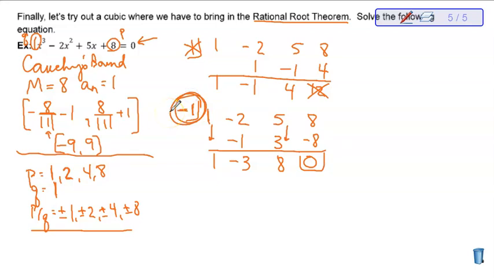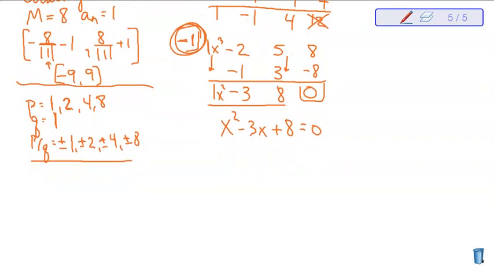I now need to go out and find the other 2. Well, if you recall, this is an x cubed. Therefore, this, when I divide, has to be an x squared. So extract out this polynomial. I get x squared minus 3x plus 8. And if I try to factor that, what do you multiply to get 8 that you add to get 3?